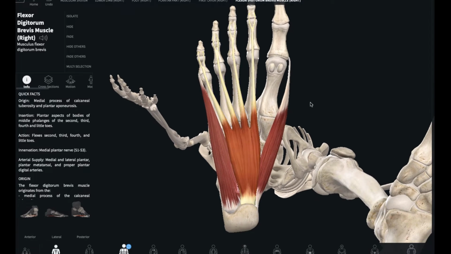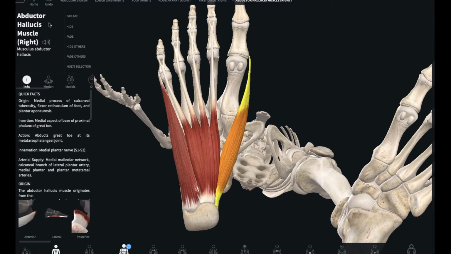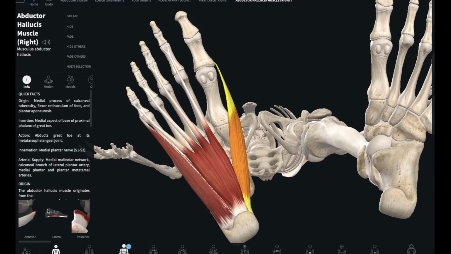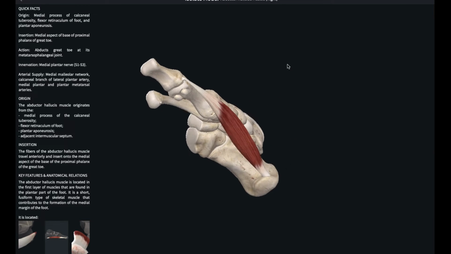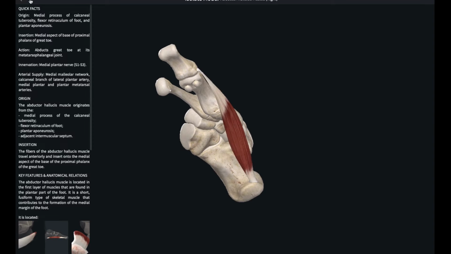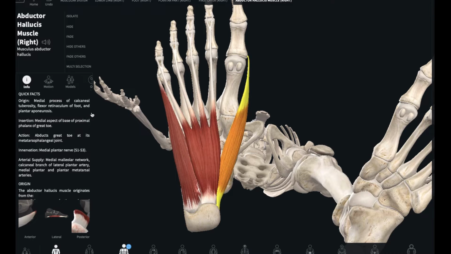Now let's go to the, I think this abductor hallucis. There it is, yes. It's always going to be the first toe. So hallucis, oops, here, actually this might be better, originates on the most medial process of the calcaneal tuberosity, but the only difference I noticed about this one, flexor retinaculum of the foot and plantar aponeurosis.